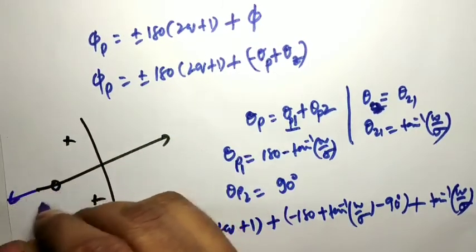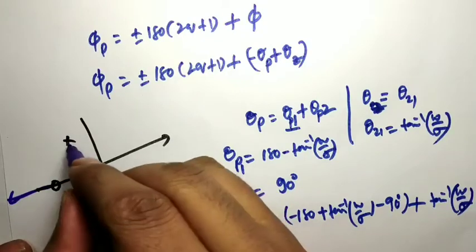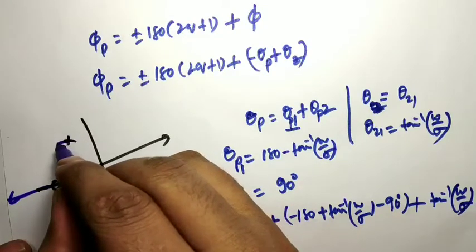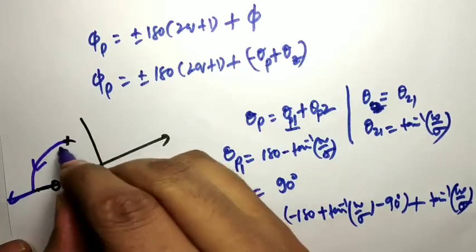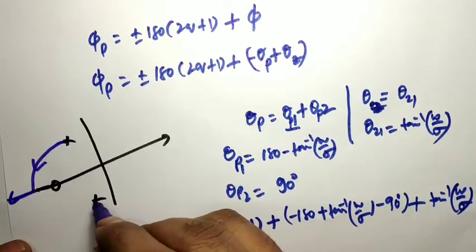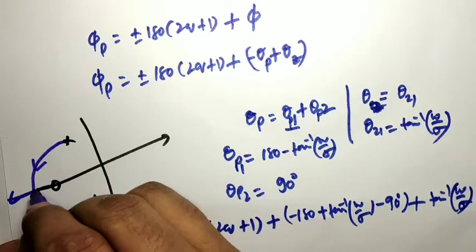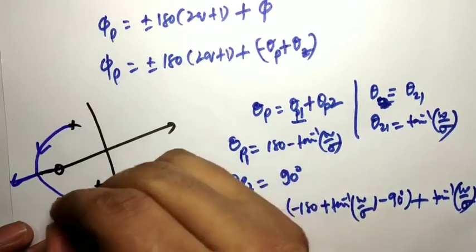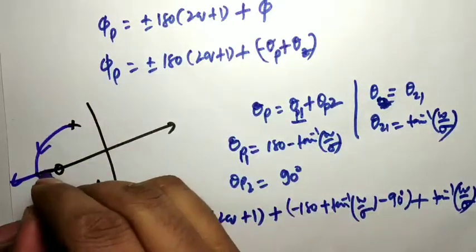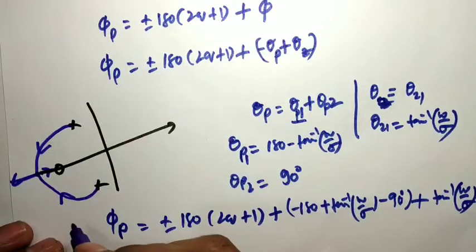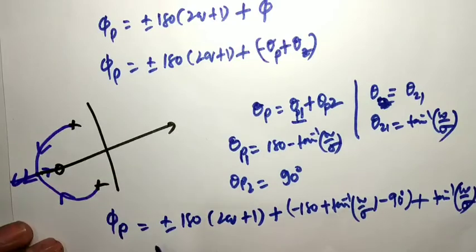We already decided this is a root locus. This pole will move in this direction at an angle of this, and this root will move in this direction. After meeting, it will break away, and after the breakaway, one pole will move in this direction, another pole in this direction.